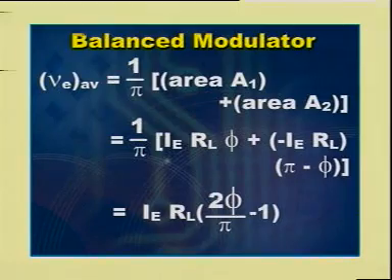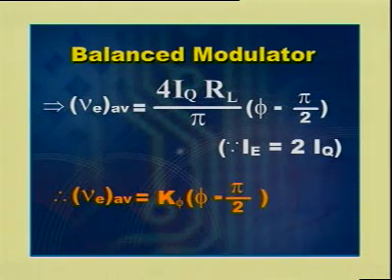Here, 1 by pi into area A1 is written as IERL into phi plus area A2 is replaced by minus IERL into pi minus phi. That is equal to IERL into (2 phi by pi minus 1). That equals 4 IERL by pi into (phi minus pi by 2). That equals K phi into (phi minus pi by 2).